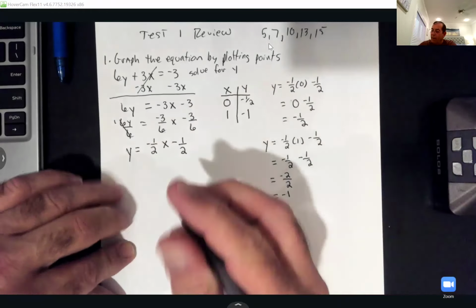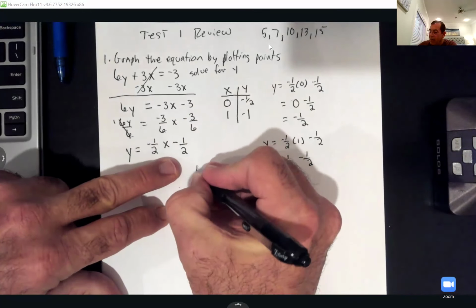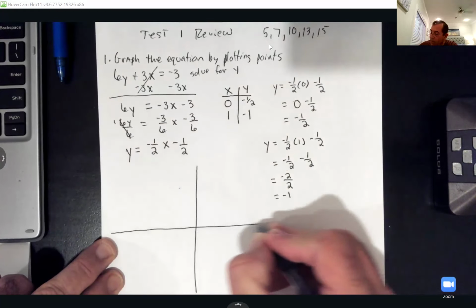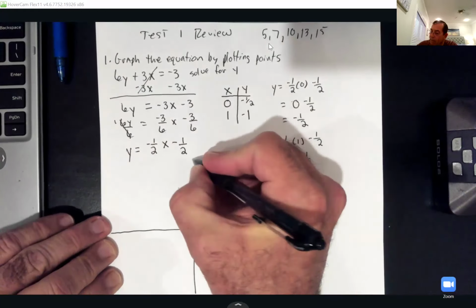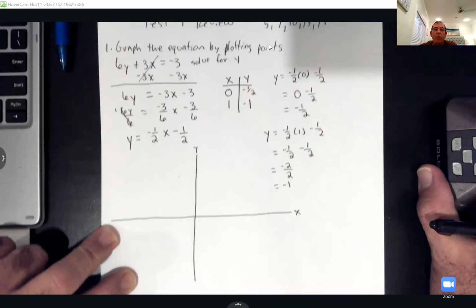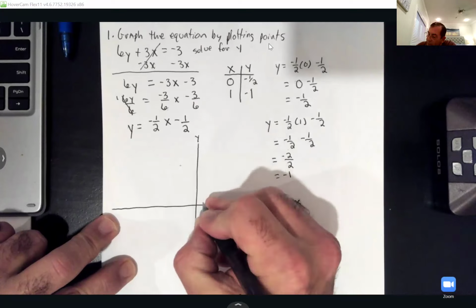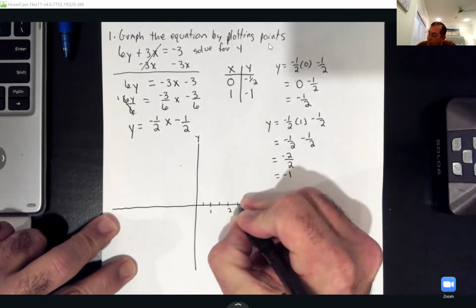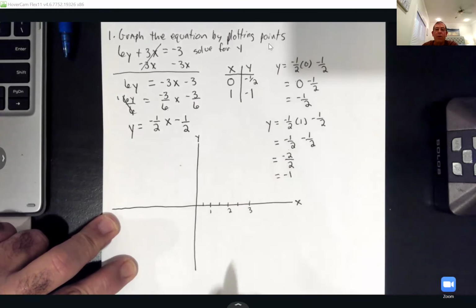All righty, so let me draw my x and y. So pretty small numbers, but here's what MathLab's going to do on this. They will make little half marks in between all the whole numbers.